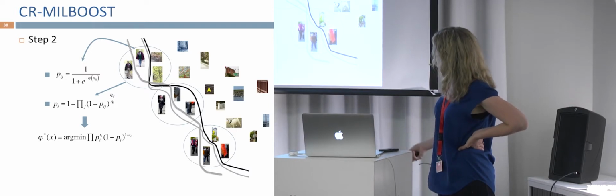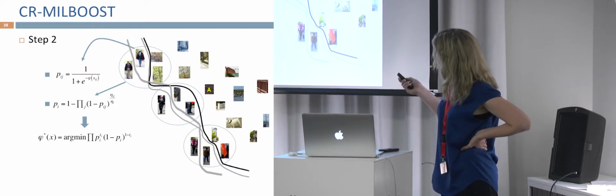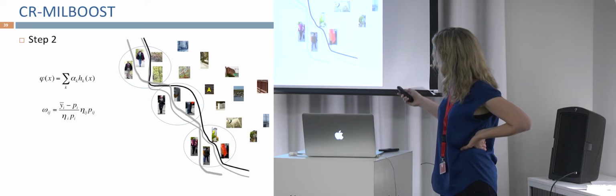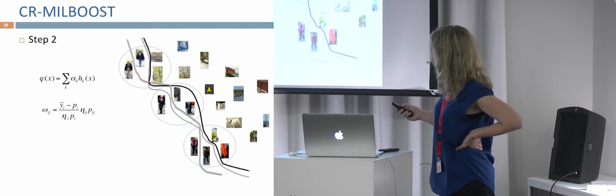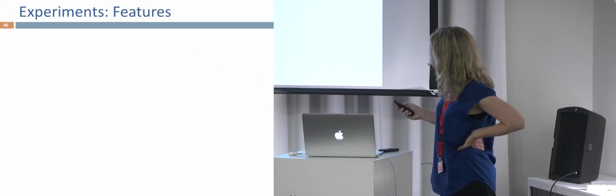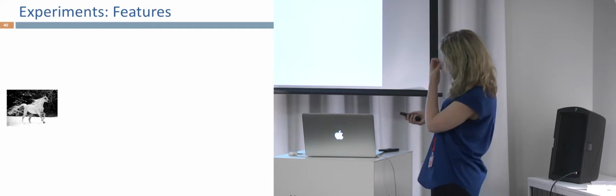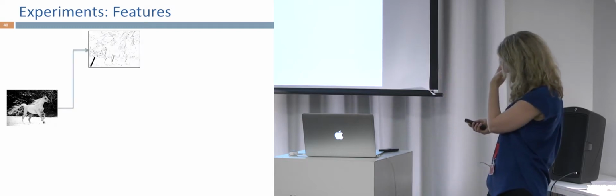And then we continue iterating these 2 steps as before. We also end up with slightly modified weights, which I won't go into the details of because I don't have much time. So I just want to show you quickly some experimental results.